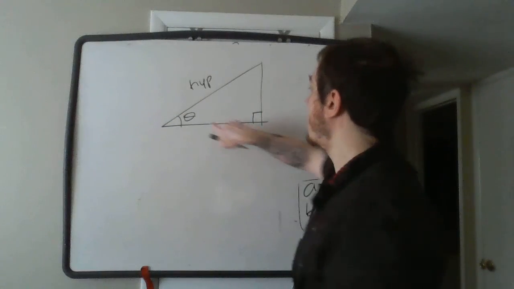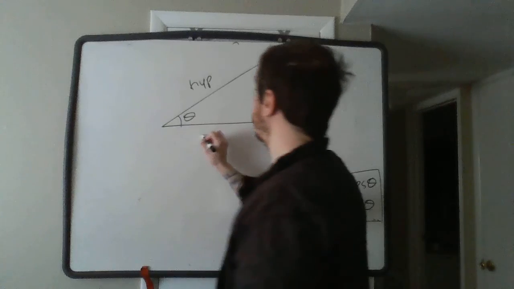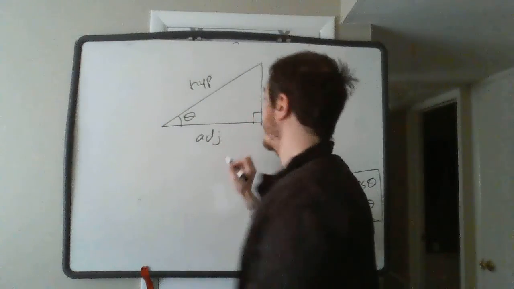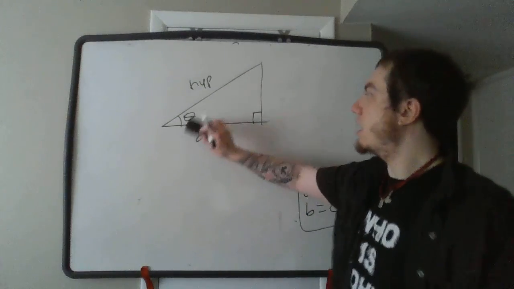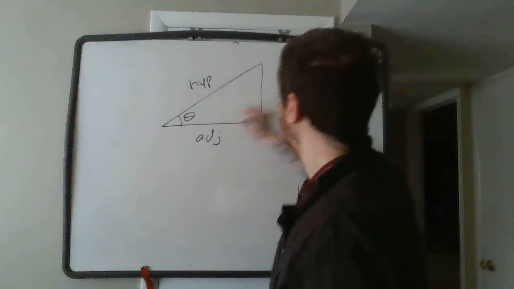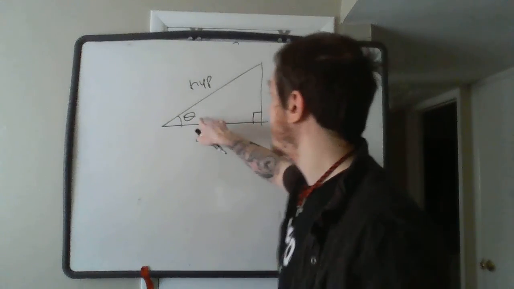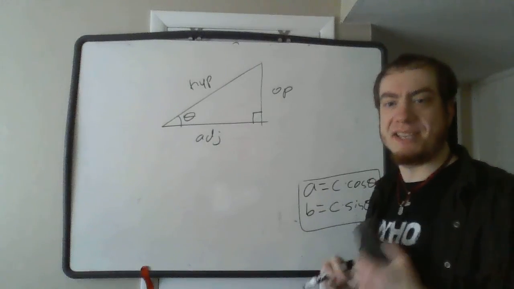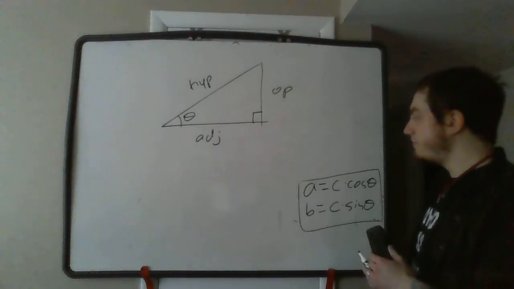Now, this side, which is touching the angle theta, I'm going to call the adjacent side. And you can remember it's the adjacent side because it's literally adjacent to the angle that I'm thinking about. This side I'm going to call the opposite side. It is opposite to this angle theta, so opposite is a good name. We can remember it hopefully fairly easily.